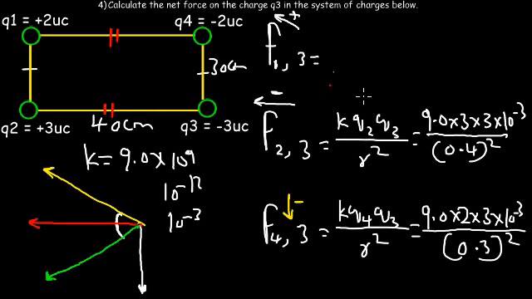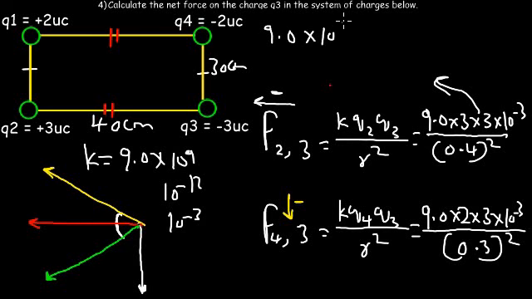So for the sake of those who might be wondering how I got this 10 raised to the power minus 3, this is what I did. This is 9.0. Let me just get rid of F sub 1,3, since we are not using it for now. So this corresponds to 9.0 times 10 raised to the power 9, then multiplied by 3 times 10 raised to the power minus 6.